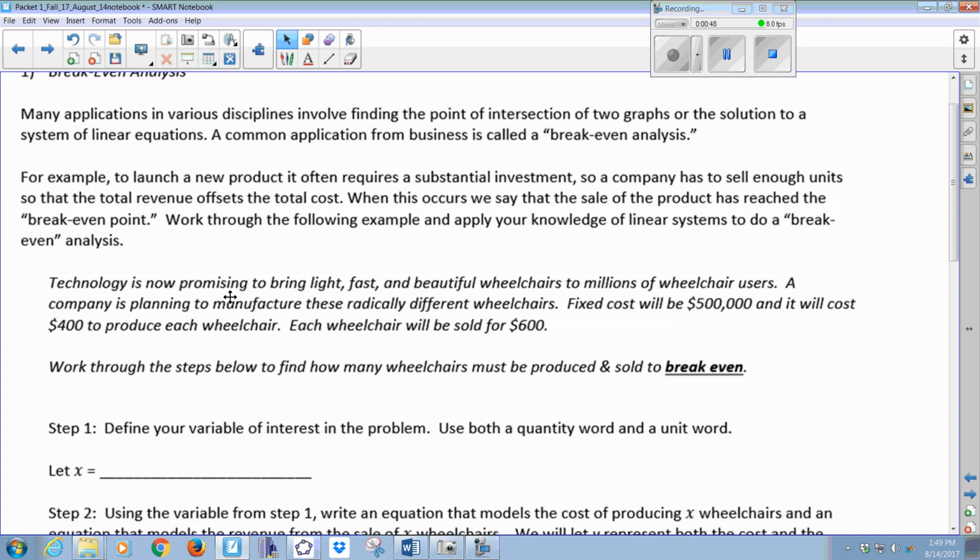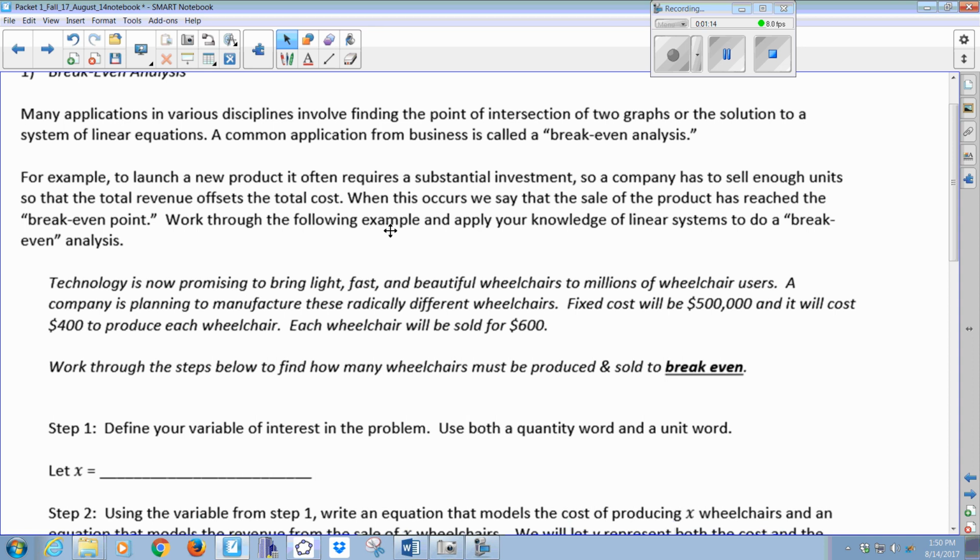So let's move on. For example, to launch a new product, a company often is required to make a substantial initial investment. So the company has to then begin to produce and sell enough units to offset that initial cost. So not only the initial cost, but then the cost of producing whatever item they're producing.